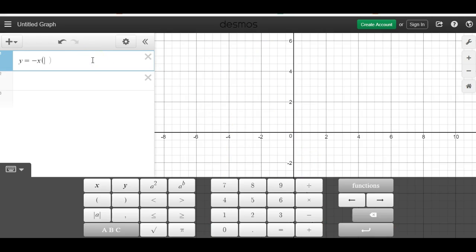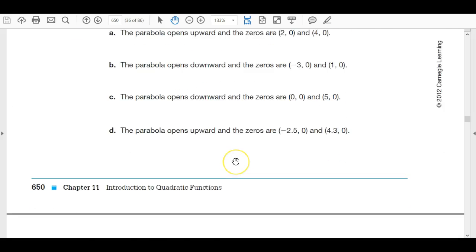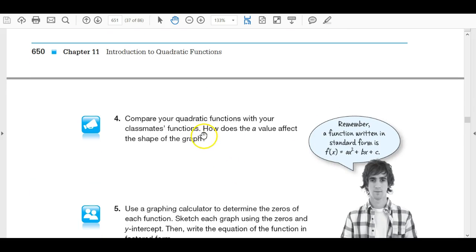Negative x times x minus 5. And you can see, sure enough, because nothing is being subtracted by this first x as it's factored, that means it is just going to be going through 0, the origin. And in the second, the 5 that's being subtracted from x, we see that, sure enough, we have a 0 at 5. Okay?